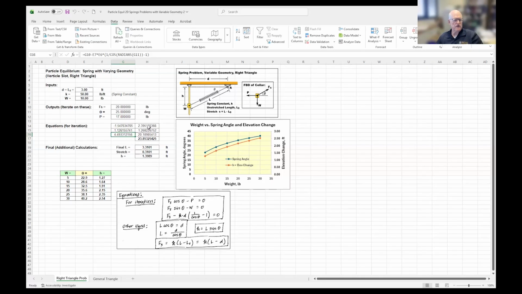So I need a goodness-of-fit parameter. This is called a residual, which is the right-hand side of this equation. Again, we want to drive these to 0 by iterating on these values. So I'm going to square each residual, and then sum the squares. The reason you square the residual is because the square is always positive.